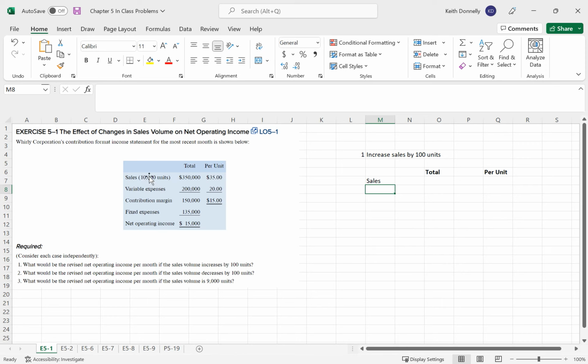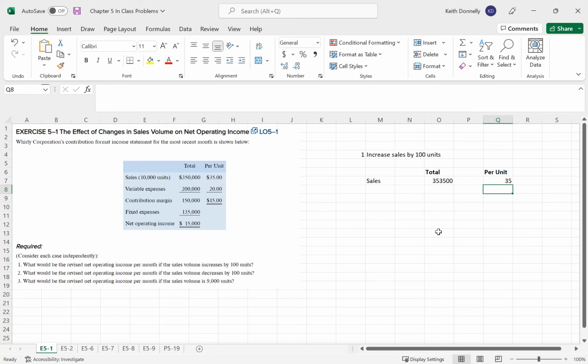And here's the deal. We have 10,000 units in the original. So in this one, we're going to have 10,100. So this is going to be 10,100 times $35 per unit gives us 353,500.